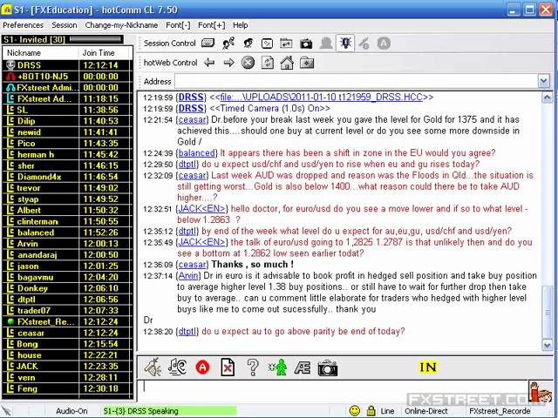In euro, is it advisable to book profit in hedged position, sell position, and take buy position to average higher level at 1.36? Okay, when you are asking about the trading strategy, and if your equity is limited, don't commit more positions. Try to keep stop at entry. And once it is closed at entry, then try to keep another hedging order 30 pips below and trail it up to the original hedged level, so that when they gain quickly, you will be able to see the rise and just raise the level of the hedging order.